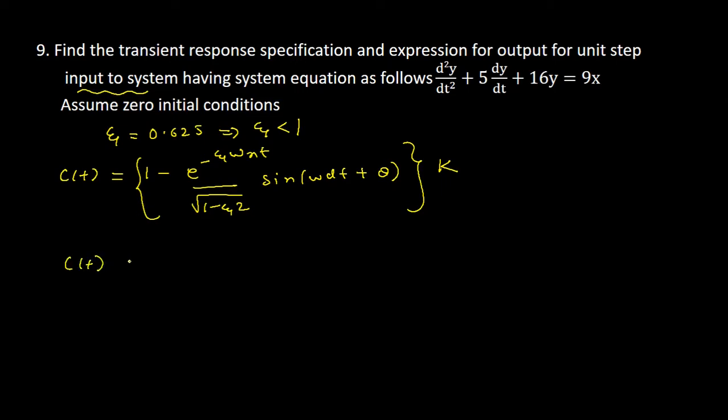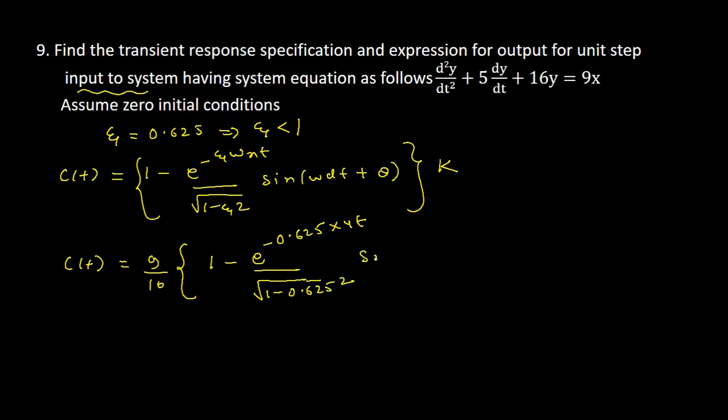Then we will get the output response for the system c(t). c(t) will be equal to k, which is 9 by 16, into 1 minus e to the power minus 0.625 into omega n, which is 4, t divided by under root 1 minus 0.625 square into sine of 3.1225 t plus theta in radians, which is 0.8956.